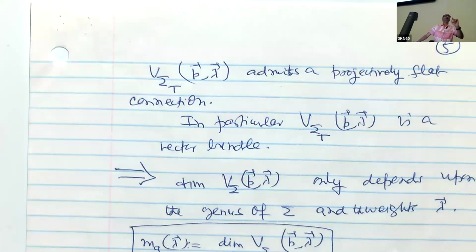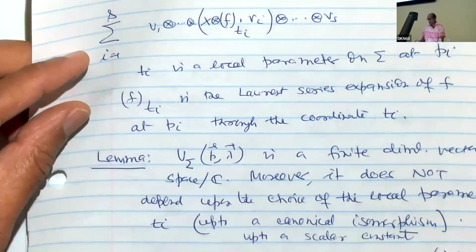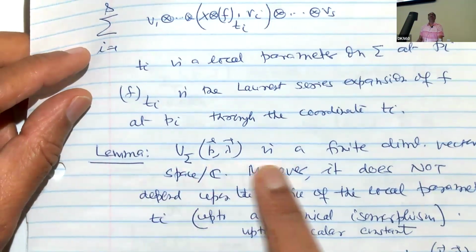So just from the definition, do we know that the conformal blocks are finite dimensional? That was already the first theorem I stated. Actually, it was not even worth calling a theorem. It's this lemma.